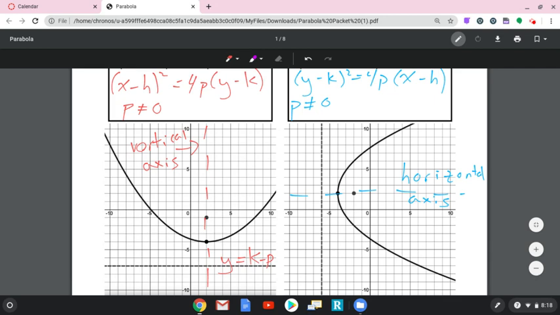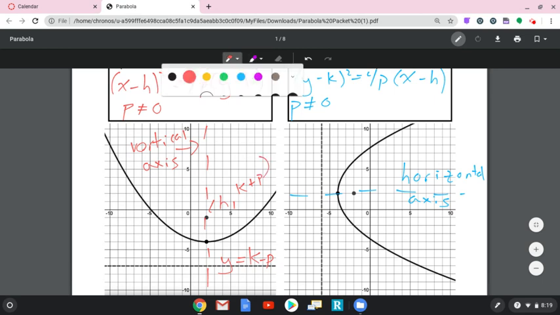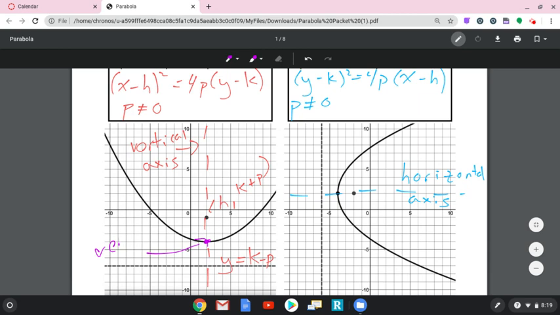The focus when we have an up and down parabola will be (h, k plus p). And remember, for any type of parabola, that point right there will be my vertex, and that will always be (h, k) in both of them.